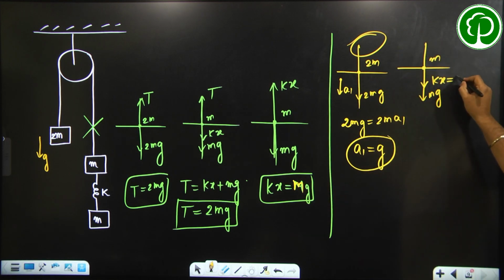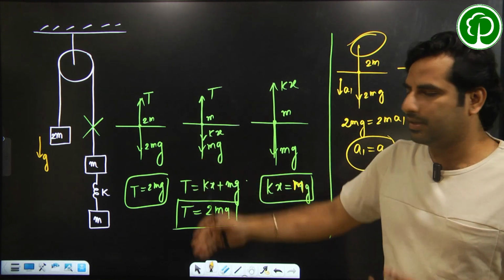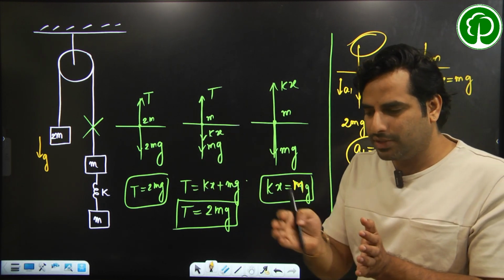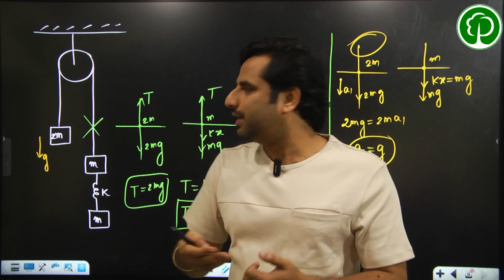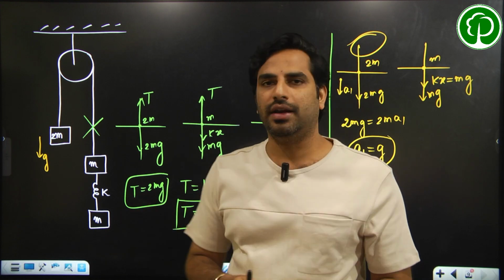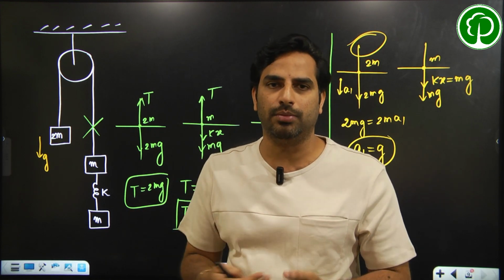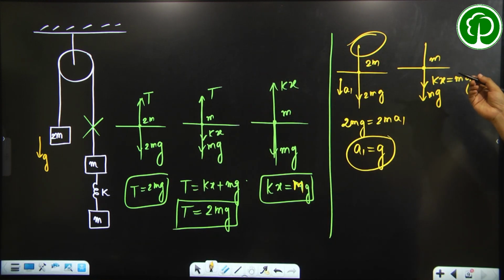So this remains as it is because the stretch hasn't immediately changed. The stretch remains the same at that instant. At t equal to 0.0001 second, the stretch remains the same. Next instant, obviously because the block is accelerating, the stretch will change, the spring force will change, the acceleration of different blocks will change.